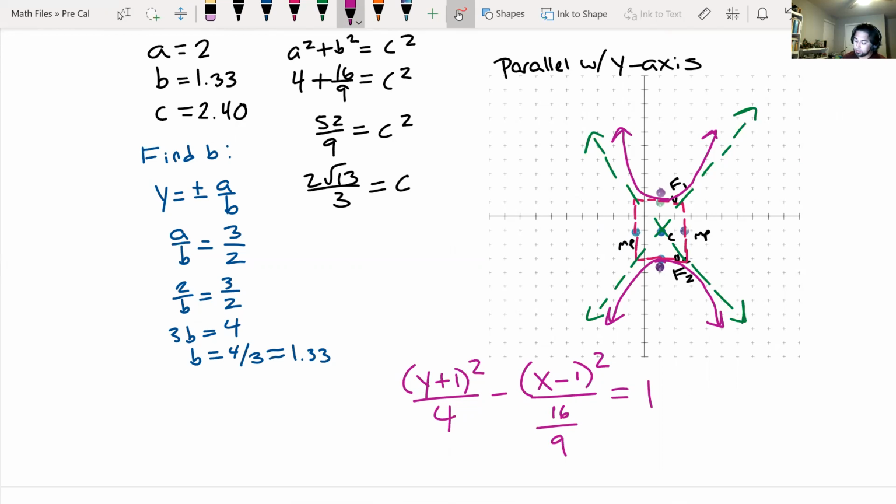So you have to reciprocate it and get y plus 1 squared over 4 minus 9 times x minus 1 squared over 16 equal to 1.